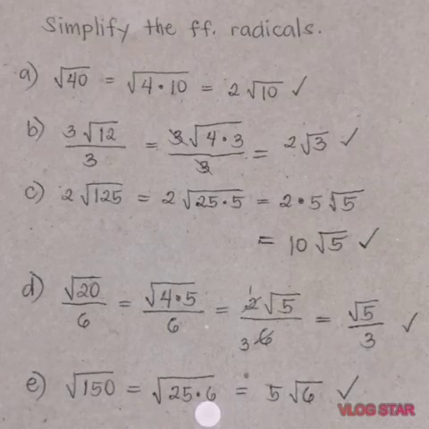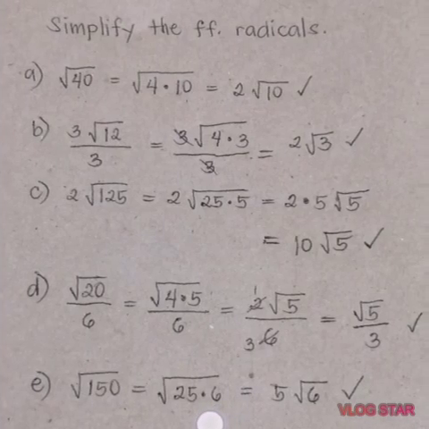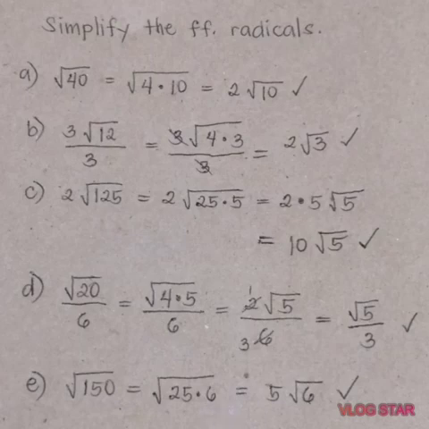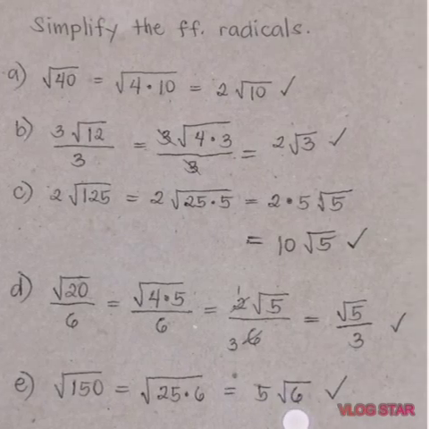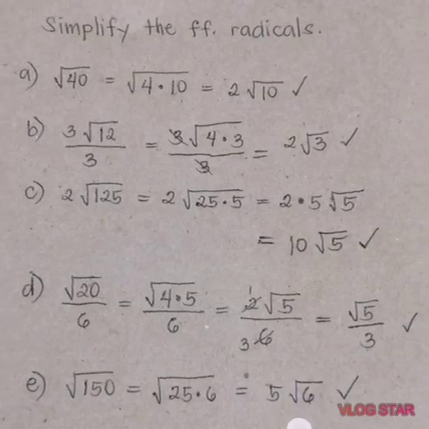So, think of other factors. And then you think 25 and 6. So, 25 is a perfect square and 6 is not, but we take only one perfect square. So, the square root of 25 is 5. And then, what is left inside the radical sign? 6. Therefore, we have 5 square root of 6.